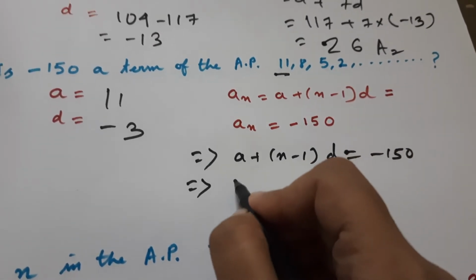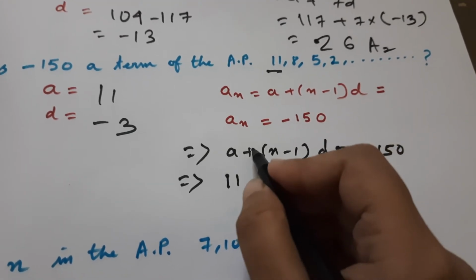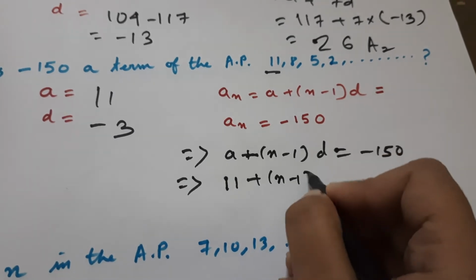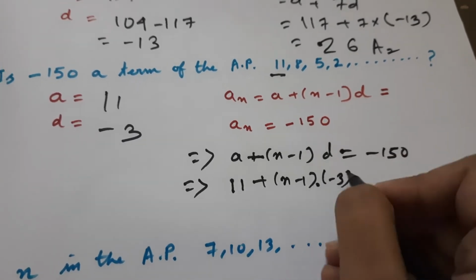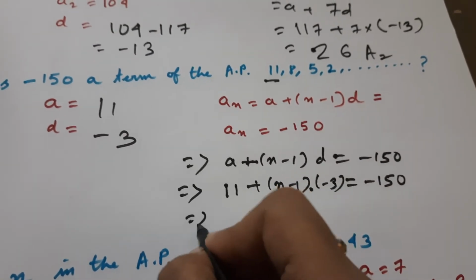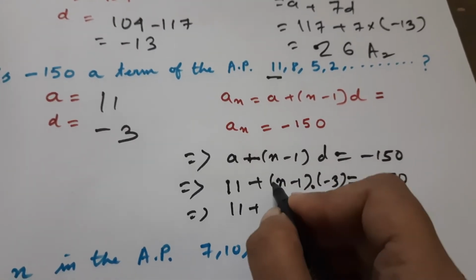Here a is 11 and d is minus 3. So 11 plus (n minus 1) into minus 3 equals minus 150.